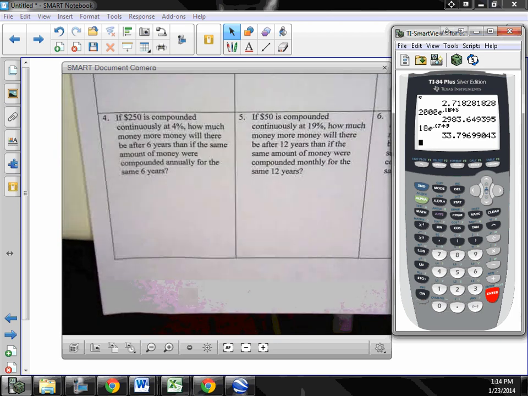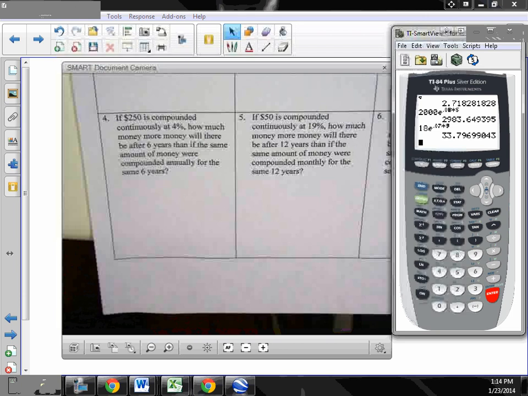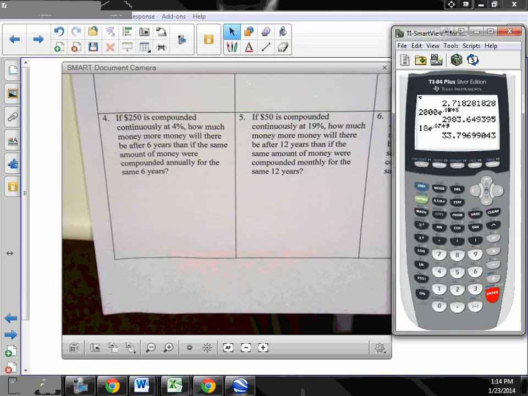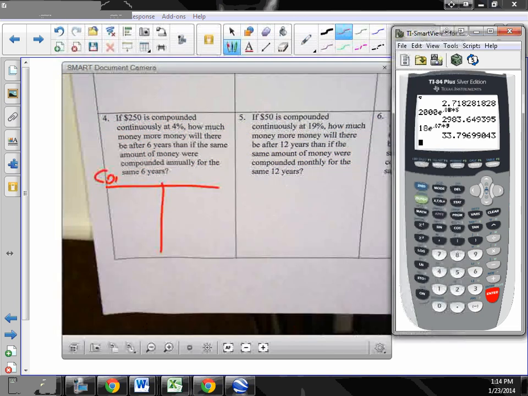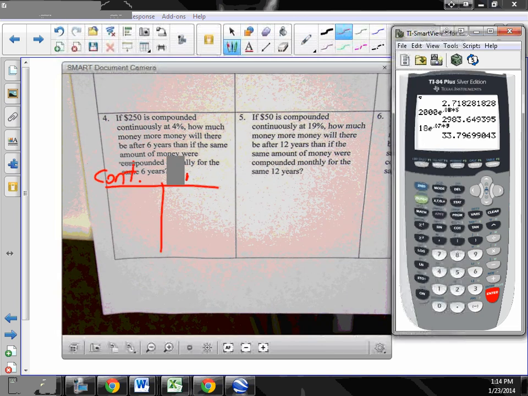If, hang on just a second. If $250 is compounded continuously at 4%, how much more money will there be after 6 years than if the same amount of money were compounded annually for the same 6 years? So we're calculating 2 different versions. We're going to calculate continuous, and we're going to calculate annual.